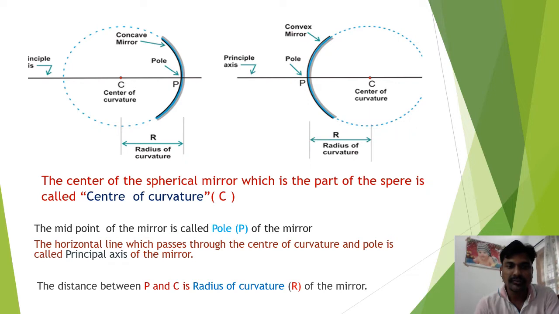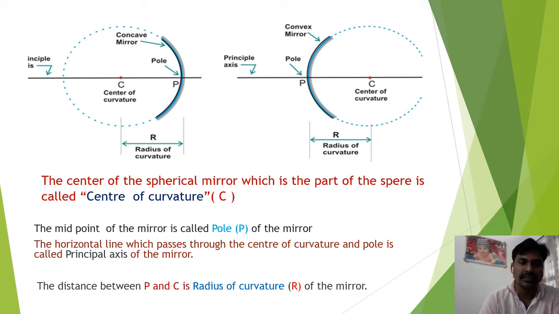The midpoint of the mirror is called pole of the mirror. This is denoted by capital letter P. In two figures, in two mirrors, you can see the midpoint of the mirror, that is denoted by capital letter P. The horizontal line which passes through the center of curvature and pole is called principal axis of the mirror.